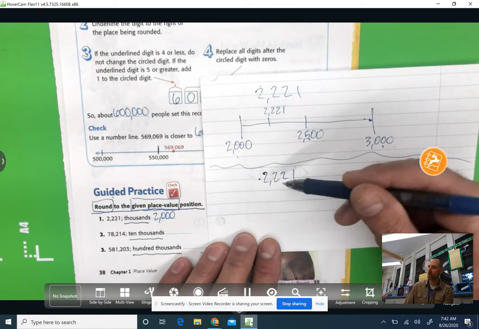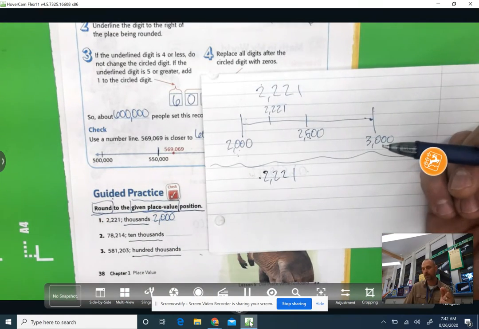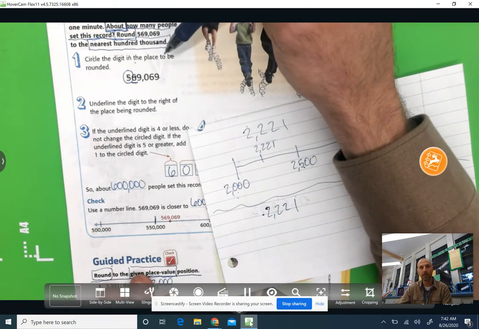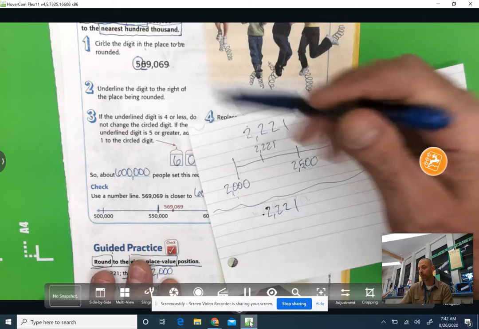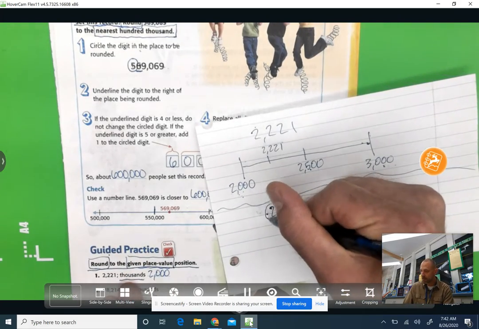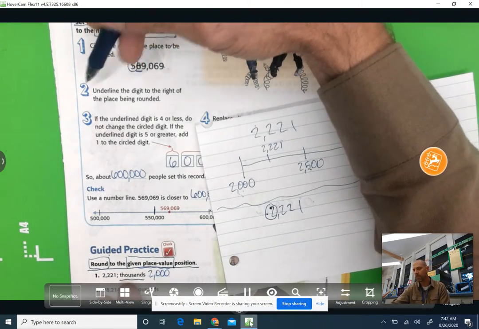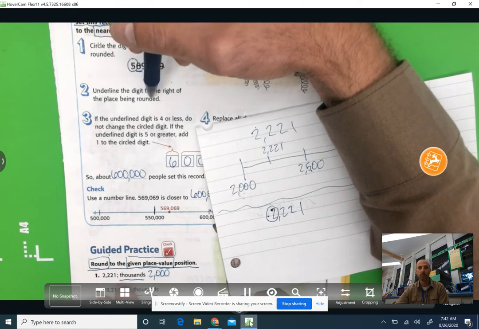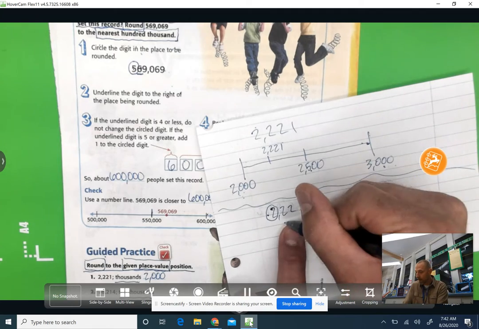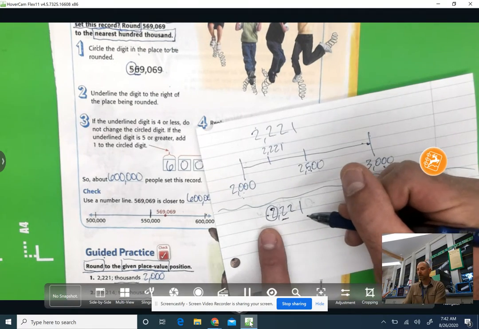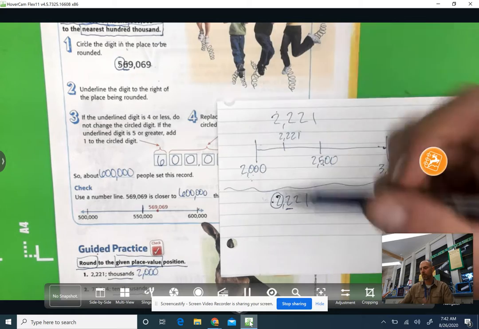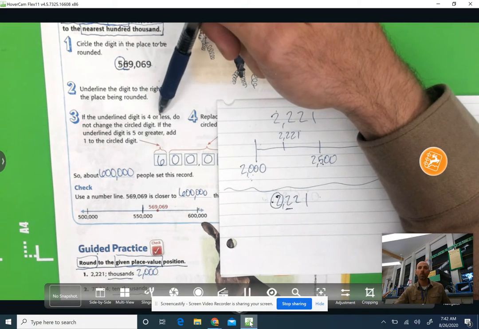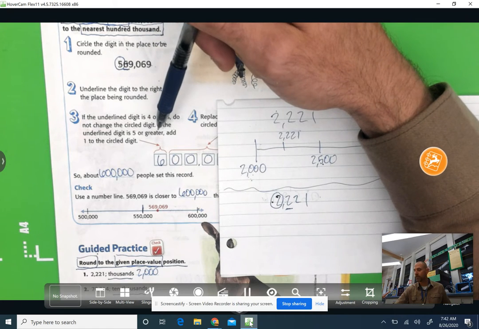Okay, so let's think about this. The first direction was circle the digit in the place to be rounded. We are rounding to the thousands. That's our 2. Second, underline the digit to the right of the place being rounded. Well, next to our thousands place is this 2. Now 3, if the underlined digit is 4 or less, do not change the circled digit.